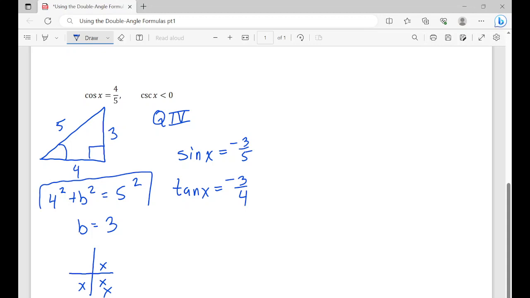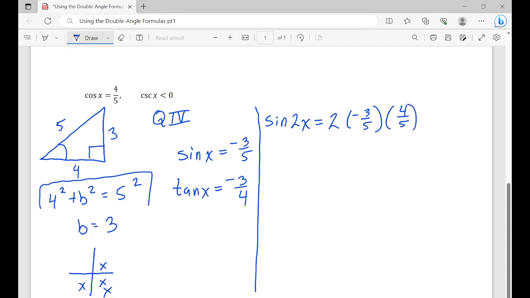Now I can actually go through and find out my double angle formulas. So sine 2x is 2 times negative 3/5, which is sine, times 4/5, which is cosine. And when I work this out, I'm going to end up with negative 24 over 25. And there's that double angle formula.